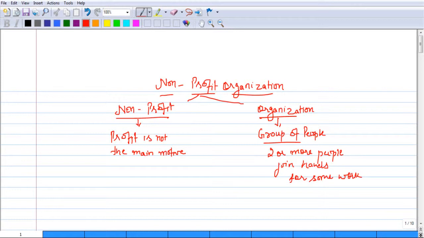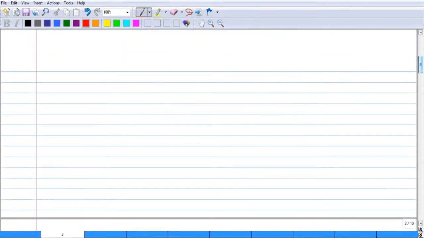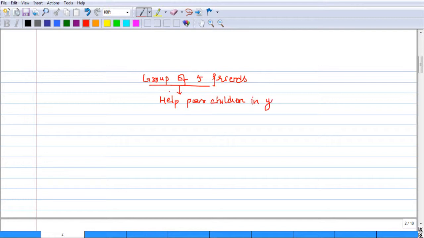For example, let's take an example. You are a group of 5 friends. Now, you decide to help poor children in your nearby locality.